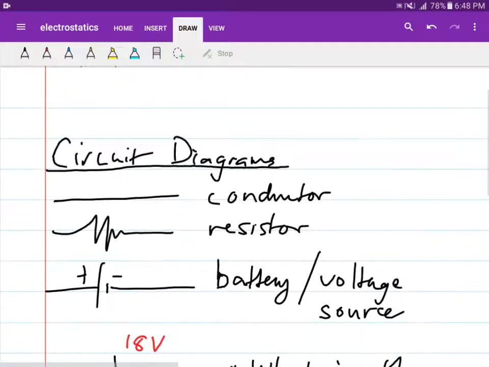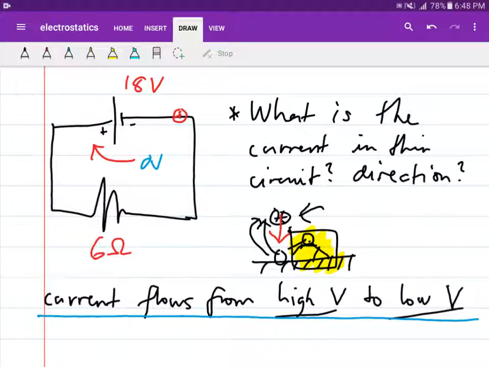So this answers the question, what is the direction of current flow inside a circuit. When you have a battery and you want to know the direction of the current, you simply observe the terminals. You have here low and high, and what the battery does is push positive charges from low to high potentials. So the current flow will go around like this.